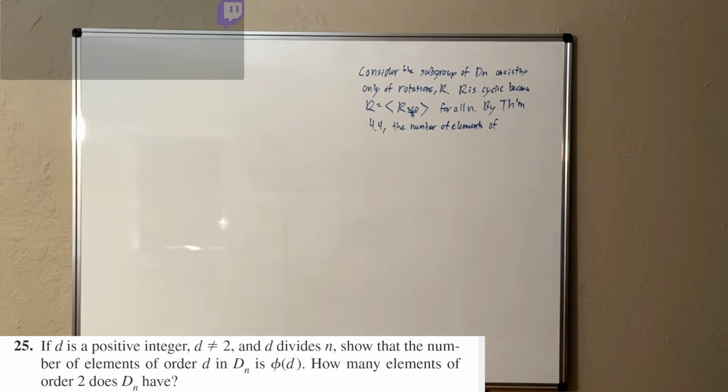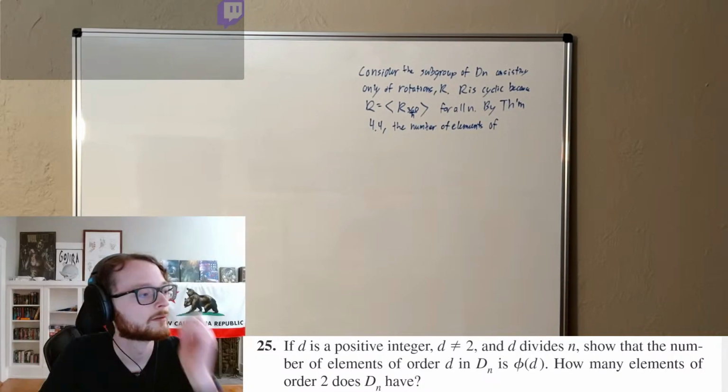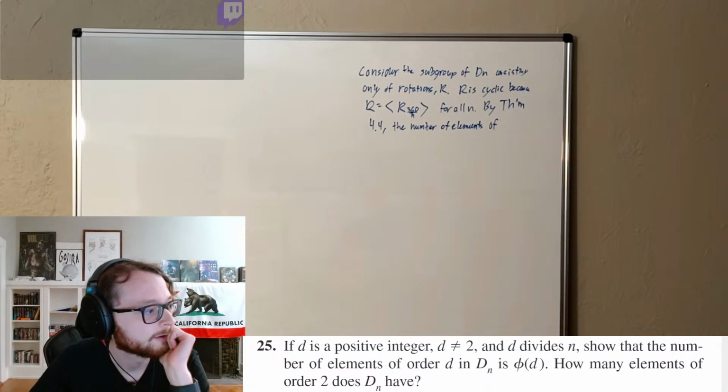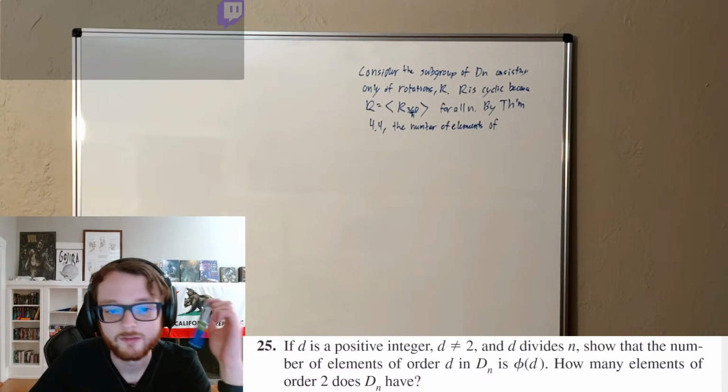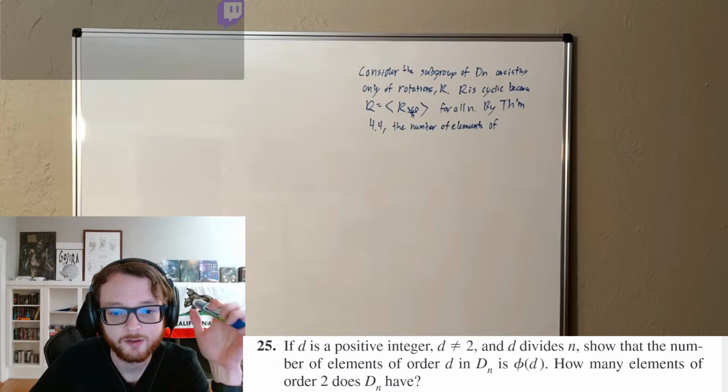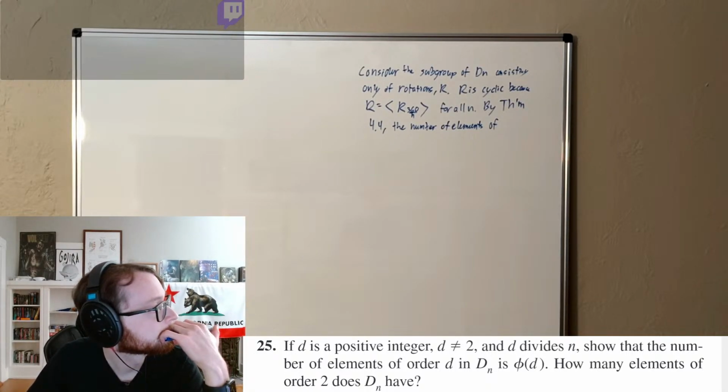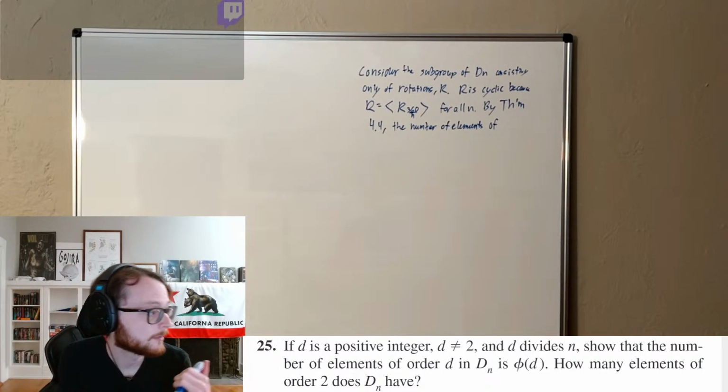The number, oh my god, okay, let's just go back to the thinking chair. The number of elements of order D in D sub n is phi of D. So this is for each divisor of n our D is. But the subgroup I made is n over 2 order.